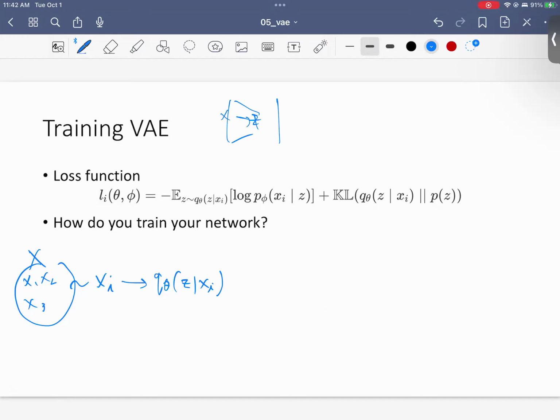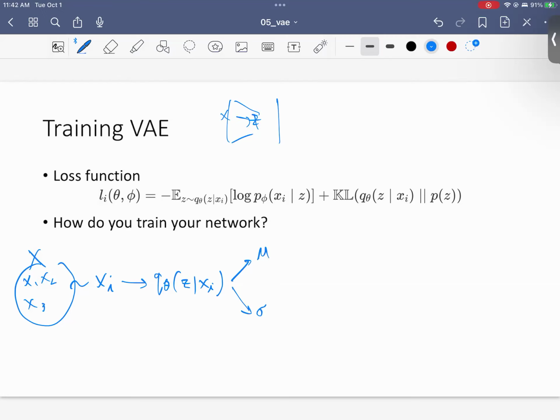But here, we're assuming that Q follows a Gaussian distribution. So instead of Q giving you z directly, we let Q output two parameters, mu and sigma.